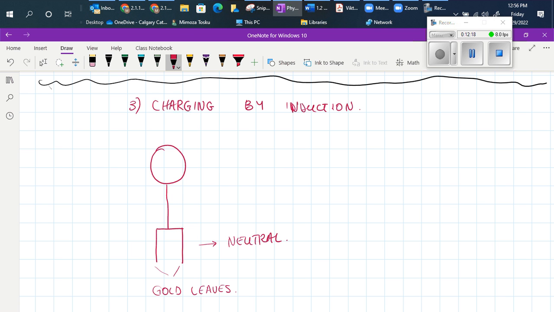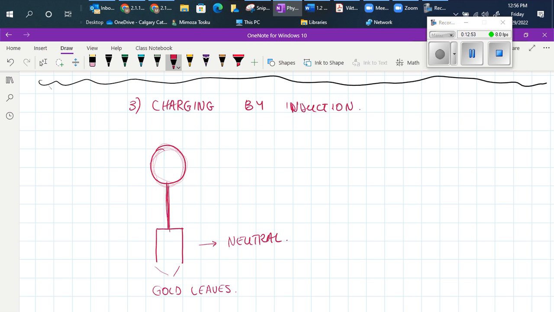We use gold because gold is the best conducting material that we know in nature. Even the knob of the electroscope is a conducting material, and this stick here is a conducting material, which, as I said, allows the electrons to move freely.